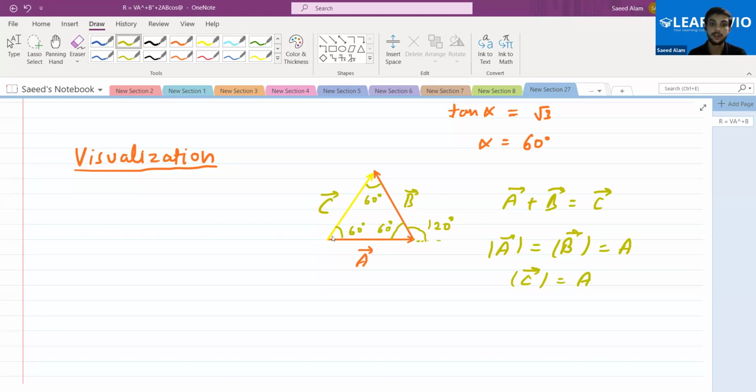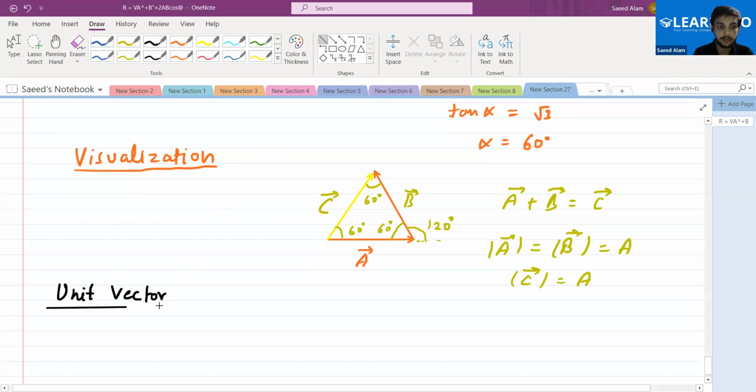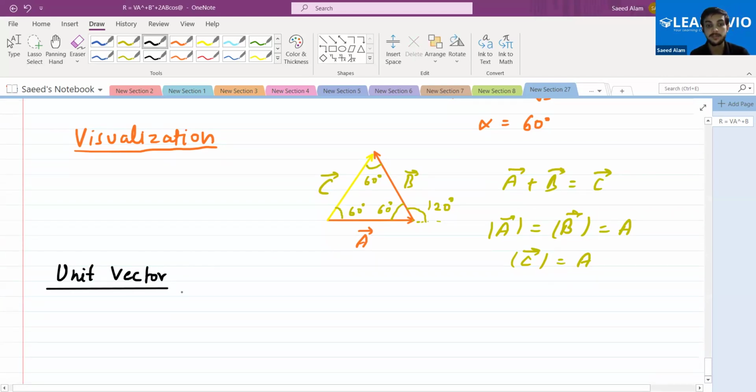Yes. Okay, so we should start the next topic over here, that is the unit vector. This is one of the very, very important things that we are going to start with. That is the unit vector. What it actually means? What is the meaning of unit? 1.